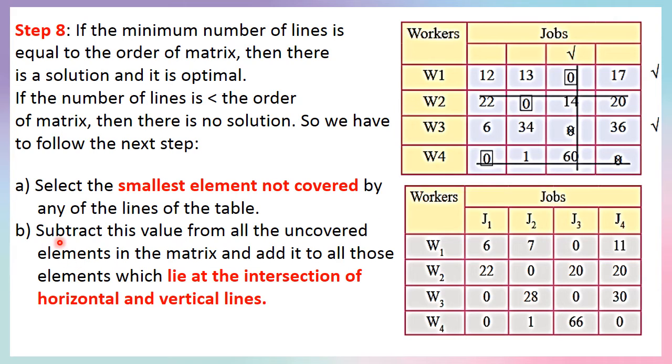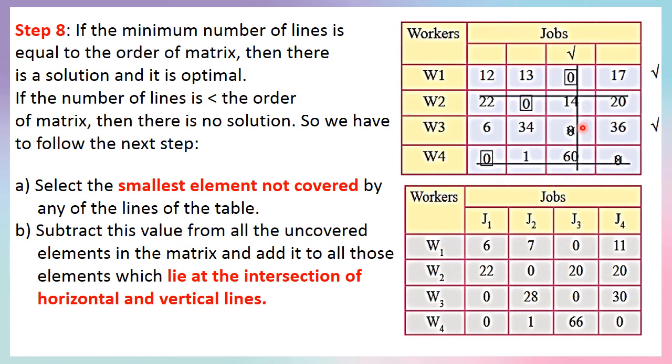Next step. Subtract this value, that is the smallest uncovered element, from all the uncovered elements. That is, 6 is subtracted from 12, 13, 17, 6, 34 and 36, and we are getting this new matrix. And one more step is to add the same smallest element to all those elements which lie at the intersection of horizontal and vertical lines.